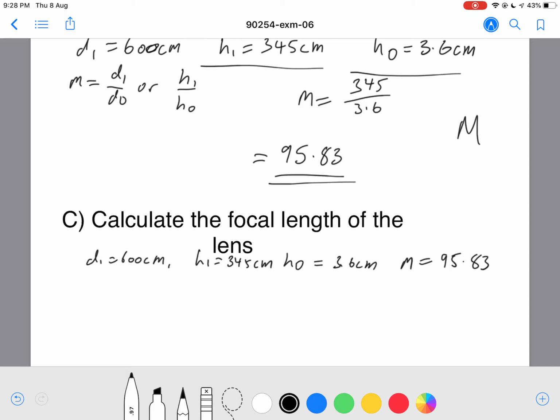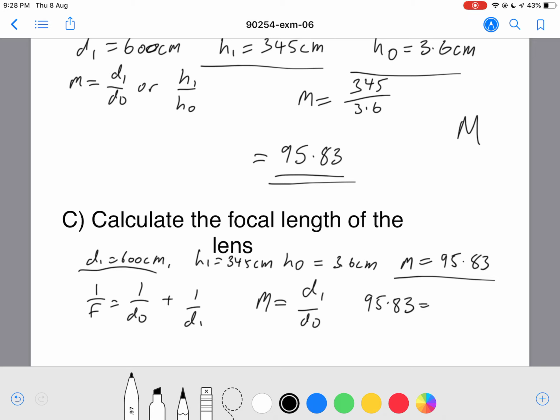Now we need to find the focal length of the lens, so we need the equation for the focal length: 1 over f equals 1 over do plus 1 over di. The problem is you only have di right now, but you don't have do. However, you can use the relationship between di and magnification to figure out do. Magnification equals di over do, so 95.83 equals 600 over do.